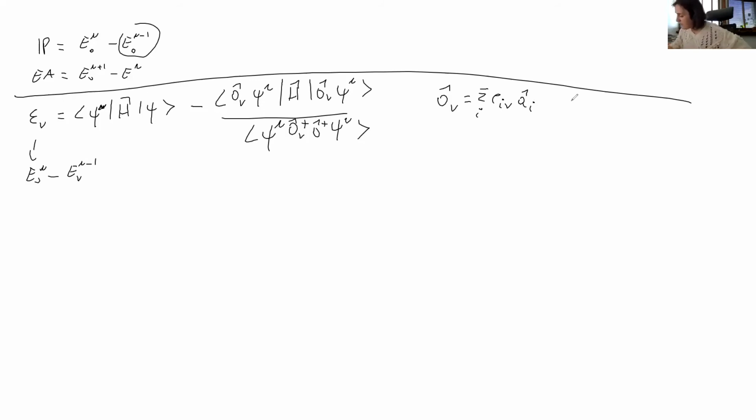And for the creation, this is a linear combination of the creation operators. So I'm approximating my psi_i^(n-1) in this way.